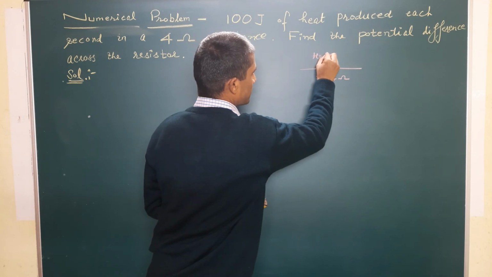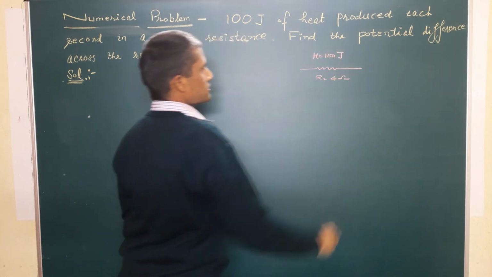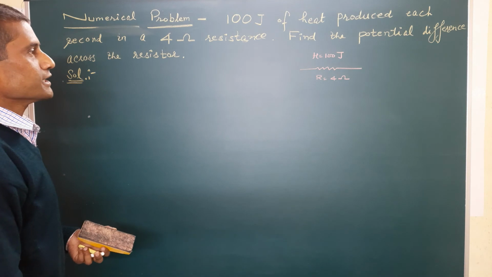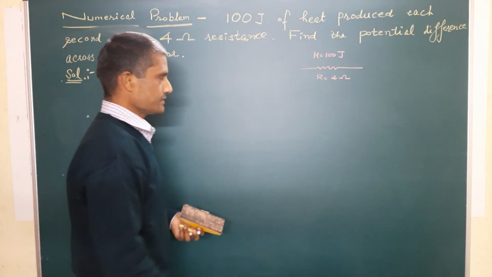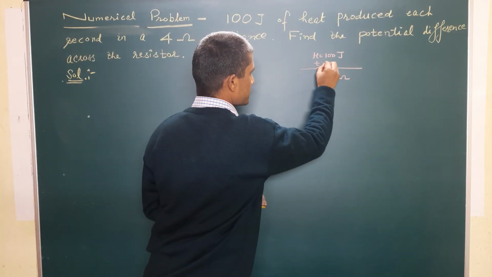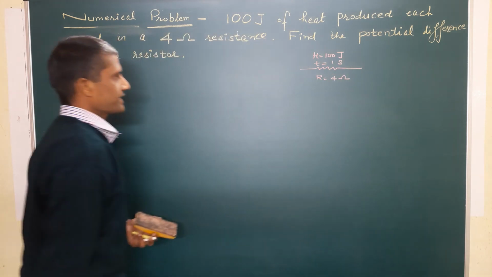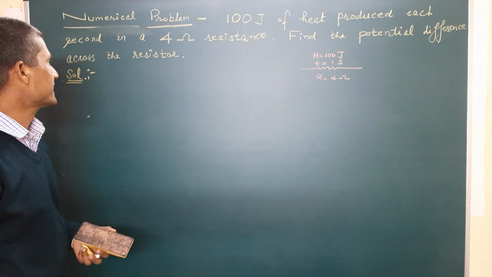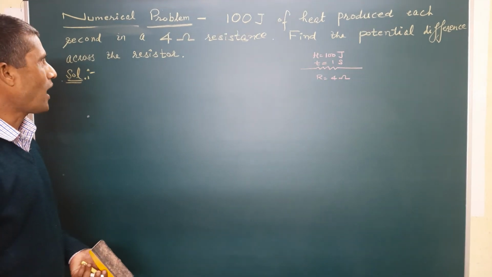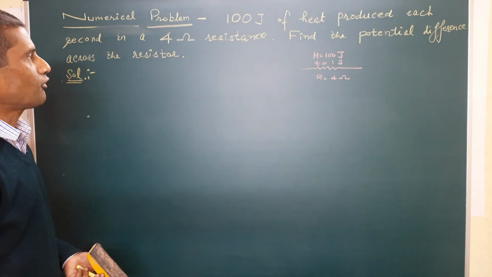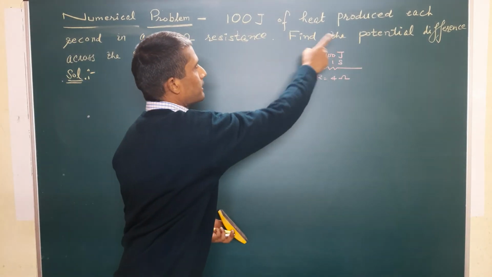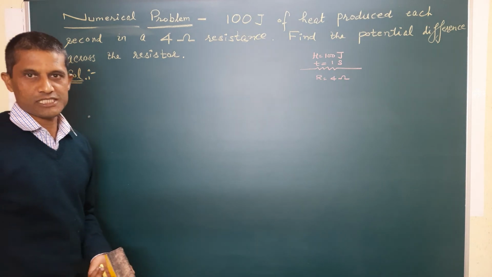Heat H is equal to 100 joule in each second, and it is given that time is equal to 1 second. Each second means 1 second, in a 4 ohm resistance. Find the potential difference across the resistor.